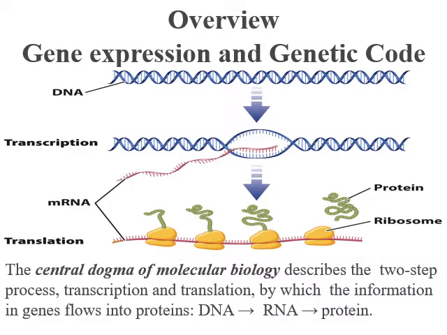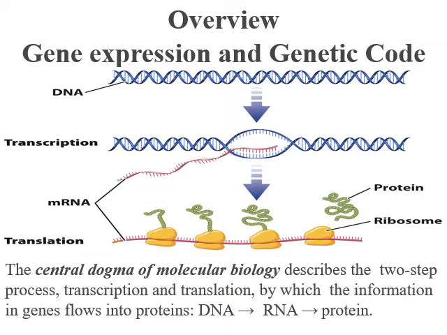Gene is the basic unit of all molecular and genetic chemistry. Genes that provide instructions for proteins are expressed in two steps. First is transcription and second is translation. In transcription, the DNA sequence of a gene is rewritten using RNA nucleotides.